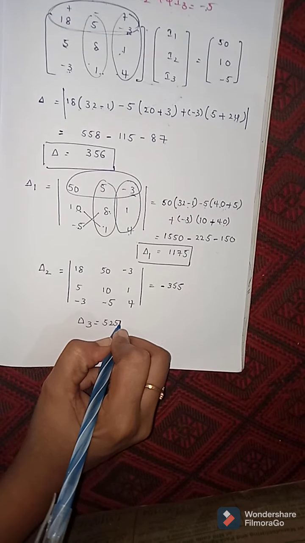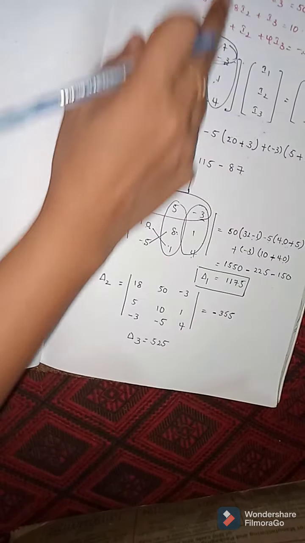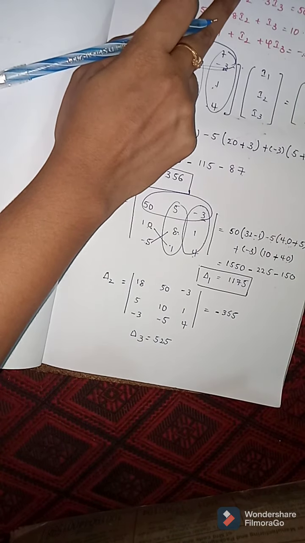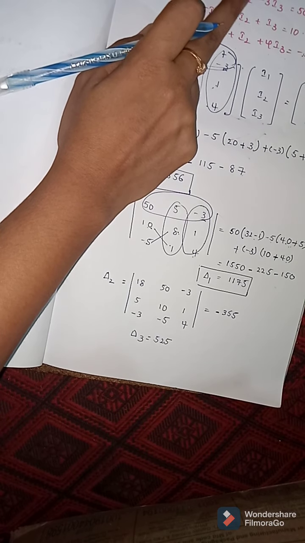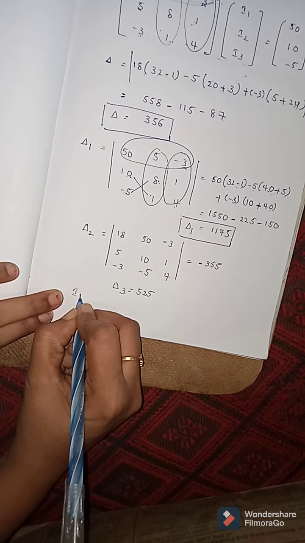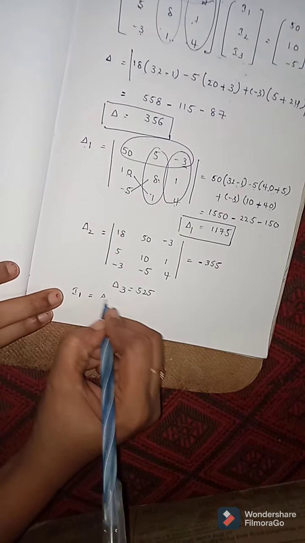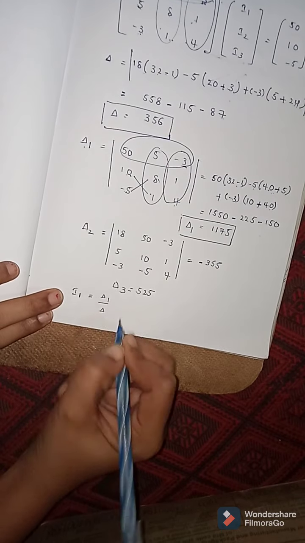Now I am going to get I1, I2, I3. To find I1, I2 and I3, we can use the formulas. I1 is equal to delta 1 by delta.